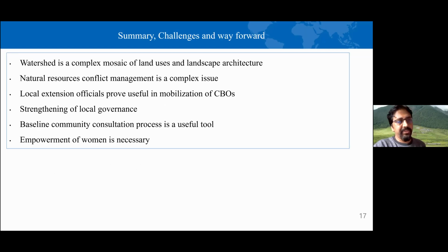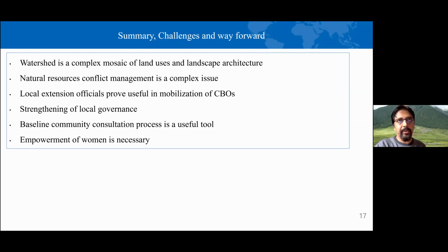So based on this, we concluded that the watershed is a complex mosaic of land use, and it has several architectures. And it doesn't help when you use one kind of formula from one region to another. As Abid Hussain also said, in mountain contexts, different policies need to be implemented. And there are conflicts in case of these complex management issues. We need to understand the root cause of the issues.